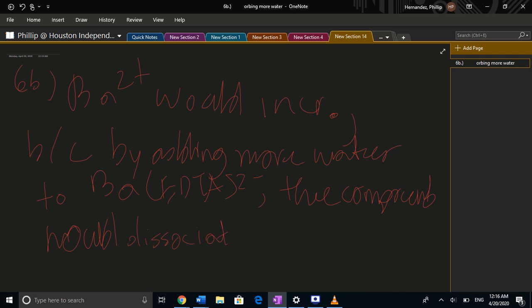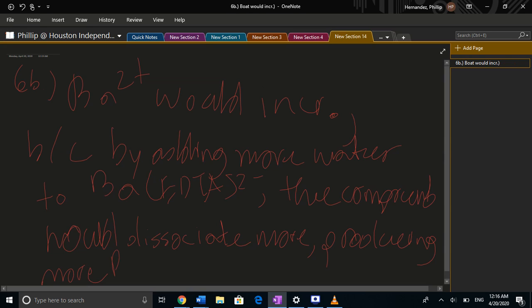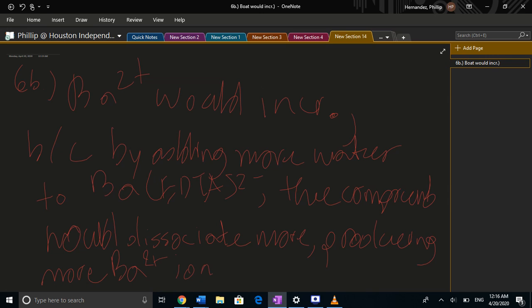So it dissociates more, producing more barium ion as a result.